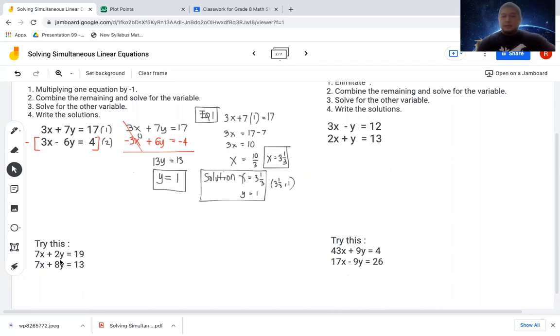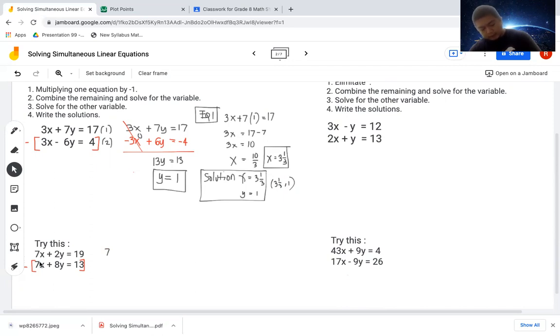All right, so let's assume that you guys stopped the video and see whether you are going to get the same value. We know now that we are going to change equation number 2 because we want to eliminate the x. So we multiply everything here by negative. The first equation will be the same: 7x plus 2y is equivalent to 19.